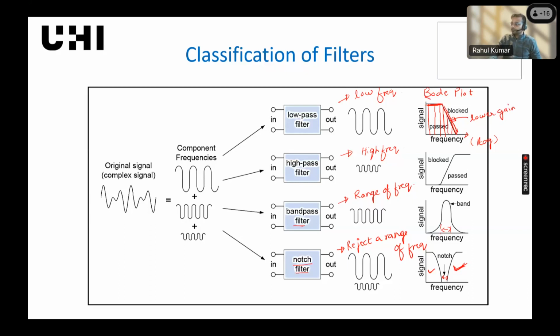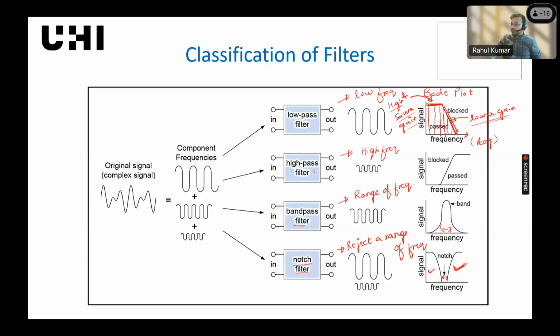High and same gain, I would say. All the low frequency signals, they are passing with a higher and same value of gain. But for high frequency signals, you have lower gain in case of low pass filter.